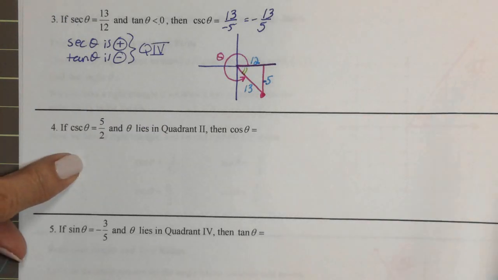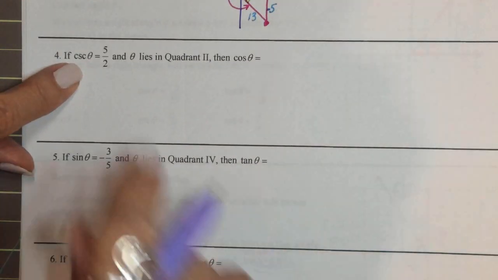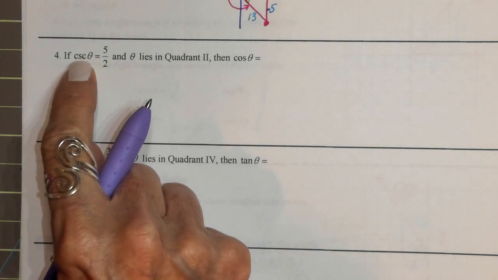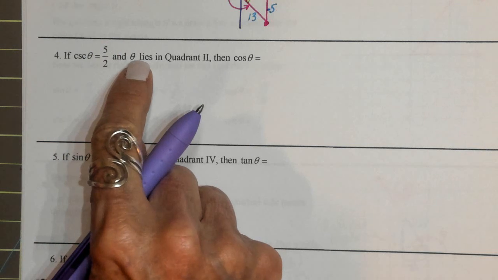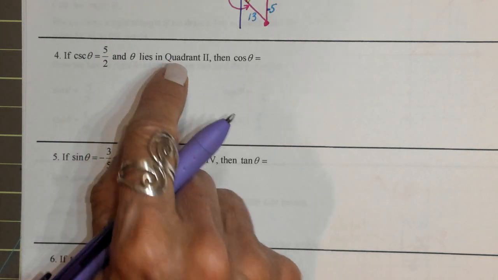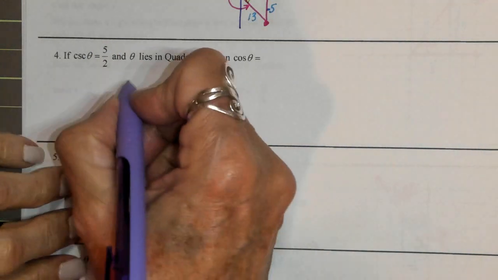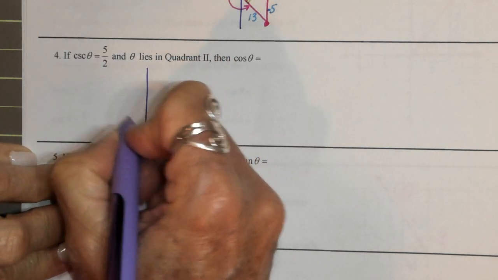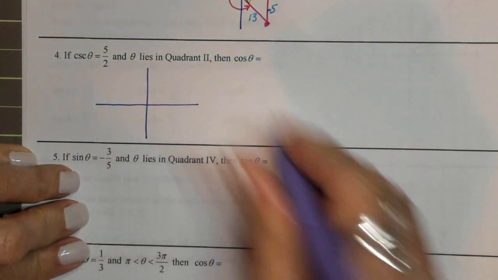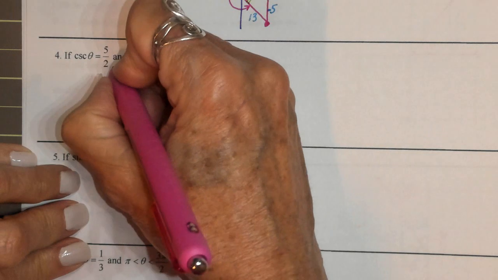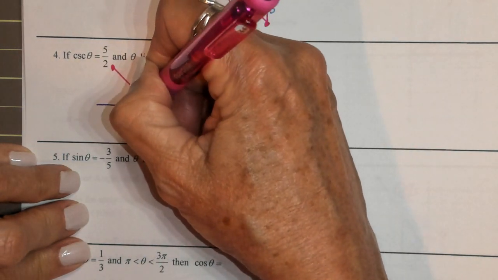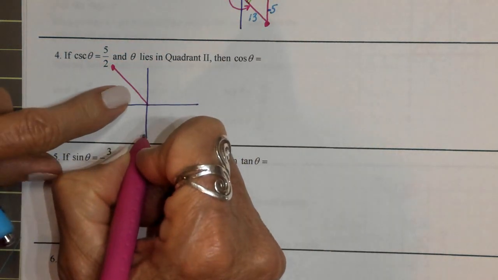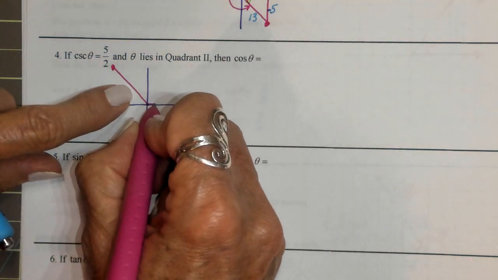Number 4. This time, they give me that cosecant of theta is 5 over 2, and they told me what quadrant theta lies in. Theta lies in quadrant 2, so I'm going to draw it in quadrant 2. There's the terminal side of the angle theta.